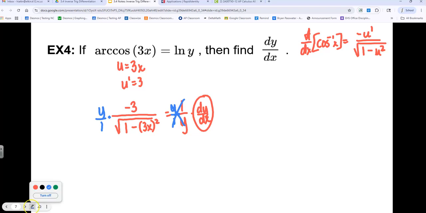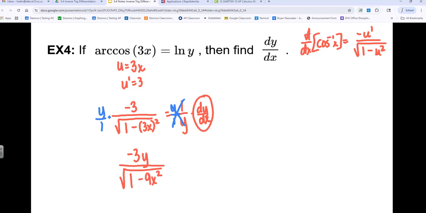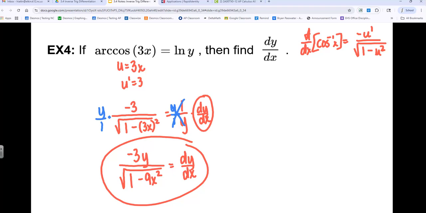And so then I'll put that y and that negative 3 together, so I'll have negative 3y over the square root of 1 minus 9x squared, and that will equal dy dx. And a lot of times with implicit differentiation, you end up with an x and a y in your answer. So this is fine. This is what we'll have.